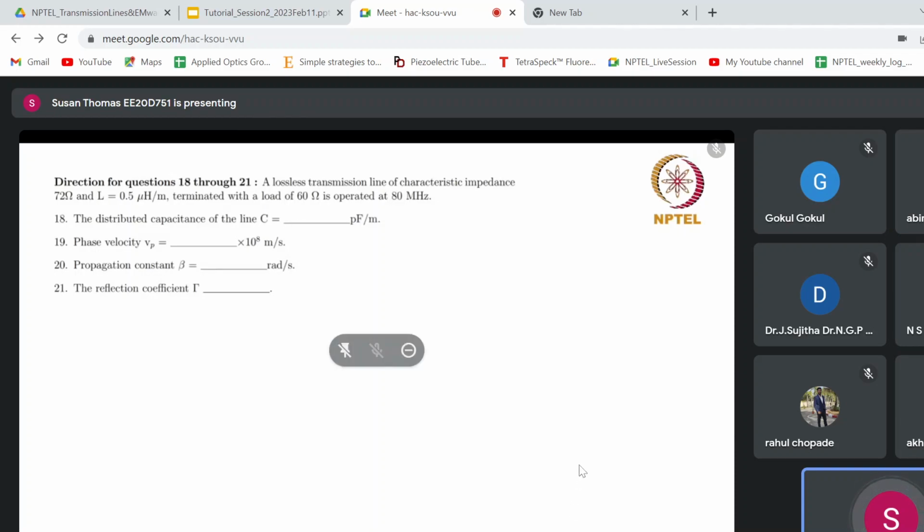Please type your answers in the chat. All of you, please try. You know that the characteristic resistance equation is root of L by C in case of a lossless transmission line. You are given with RC, you are given with L, you have to just find C.